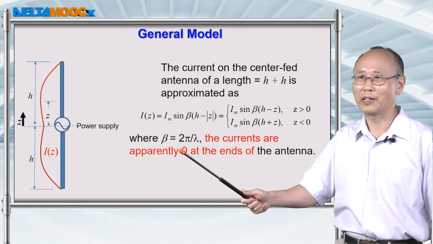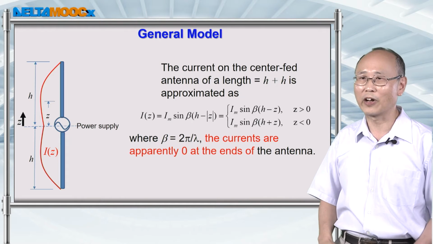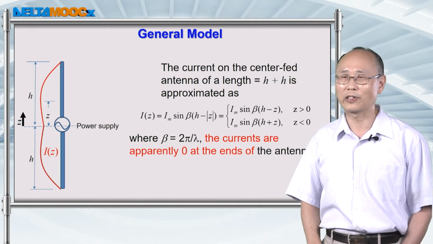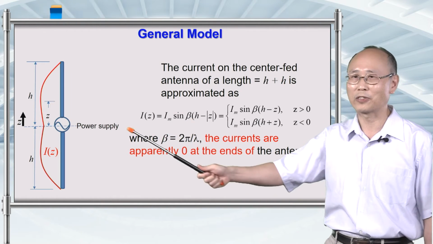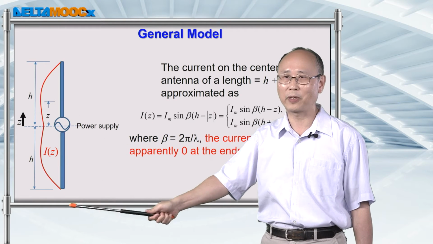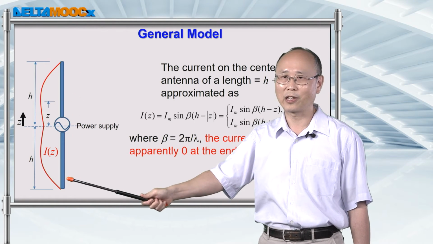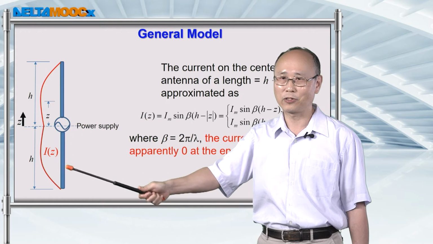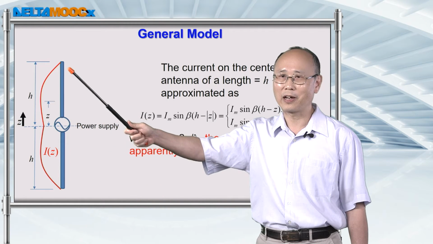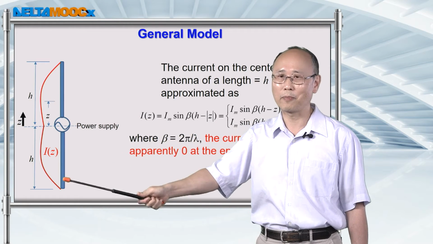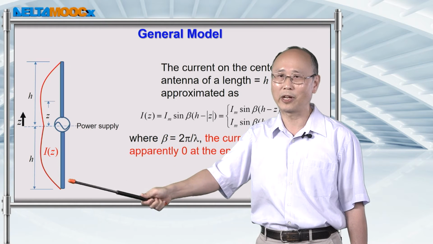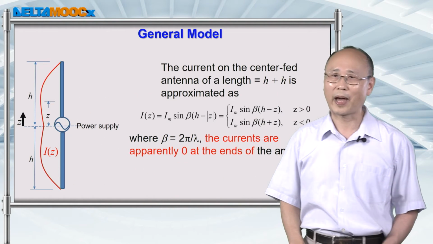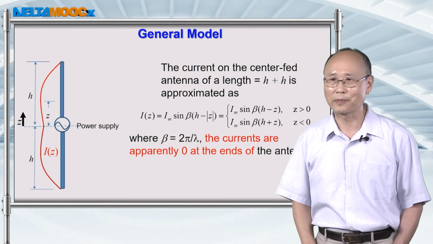And beta here is 2 pi over lambda, which is the propagation constant in the transmission line, because you have a current wave propagating on this antenna rod, just like transmission line. But the propagation direction can be upward direction, can be downward direction. So you have a standing wave pattern generated on this antenna.